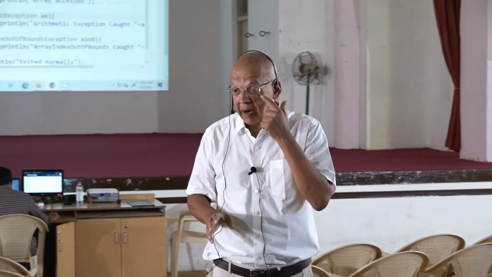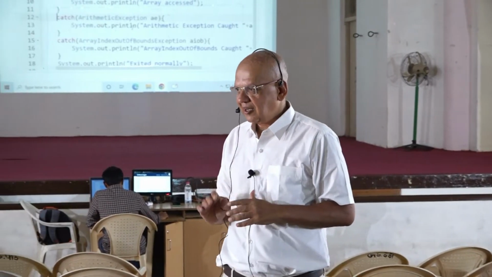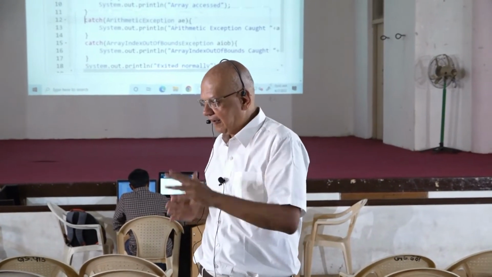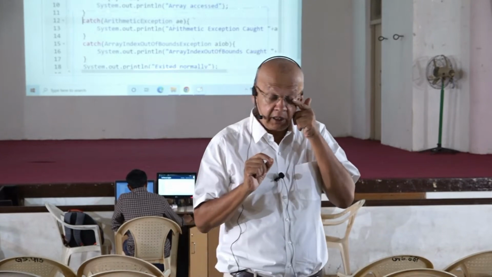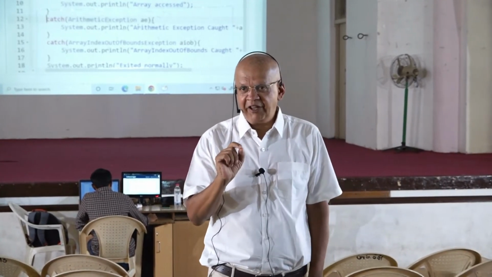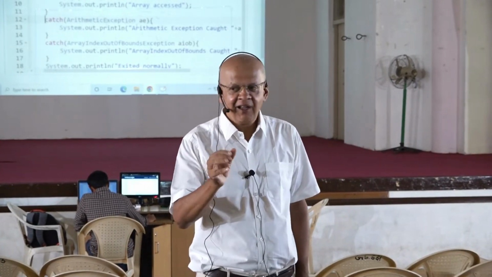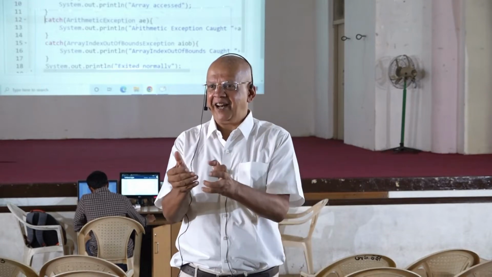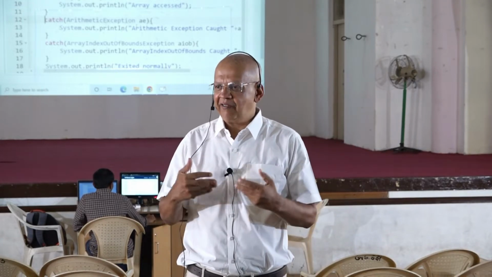I don't want to write these 20 handlers. I want to write one handler which can handle all these exceptions and give me a generic message, something is wrong with your program.